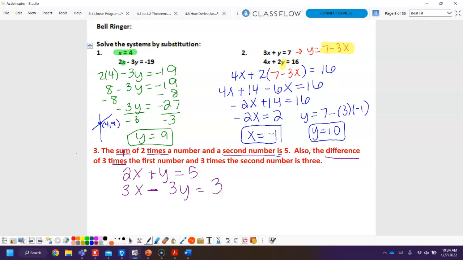We're going to solve for one and substitute it into the other. So we're going to solve the top equation for y and plug that in for y down below.